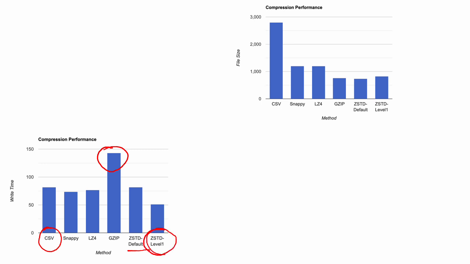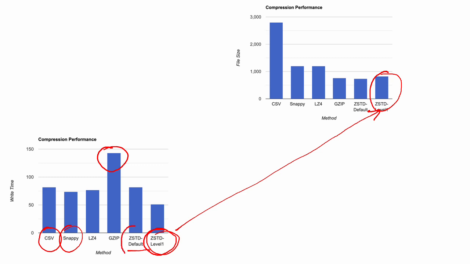With Zstandard level 1, it took the smallest amount of time to save the file. And if you see, Zstandard level 1 also has a very strong compression, not as good as gzip or level 3, but better than Snappy and LZ4. So you can in fact have a smaller job runtime or file save time than Snappy, but achieve more compression than Snappy as well.